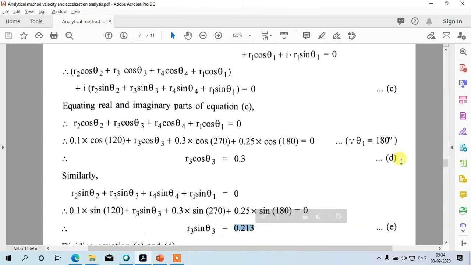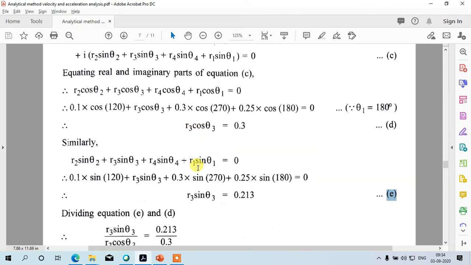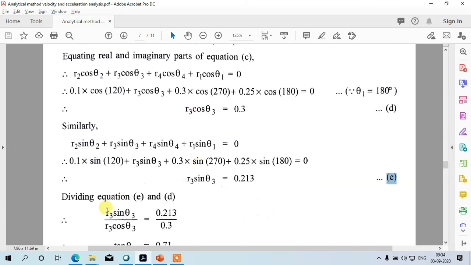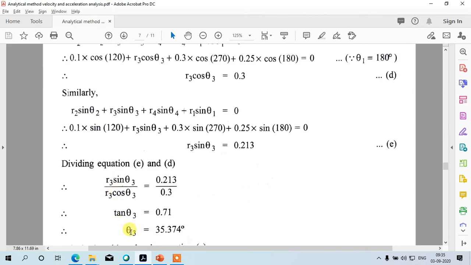Now what has happened? We have two equations and two unknowns, equation D and equation E. If we divide these, we get r3 sin theta 3 divided by r3 cos theta 3 is equal to some constant, so r3 gets cancelled. So we get angle theta 3 is equal to 35.374 degrees.